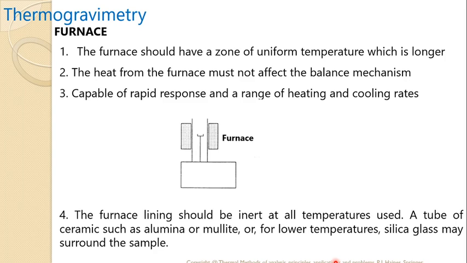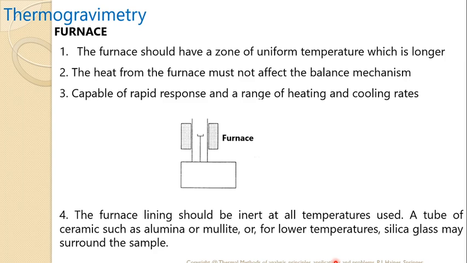Then the next one, the furnace should be capable of rapid response and a range of heating and cooling rates. Generally, when considering the analysis of any kind of sample, we will have some kind of temperature programming, and we should consider the time required for the analysis.